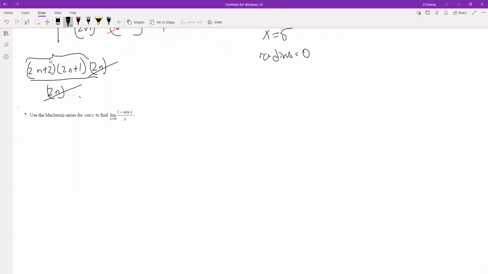So what we do whenever we see this kind of problem, we're taking the limit and it's asking us for either the Lagrange or Taylor series, is we can just substitute, in this case the Lagrange series, in for cosine x, right? Because cosine x equals this series, negative 1 to the n, x to the 2n over 2n factorial.